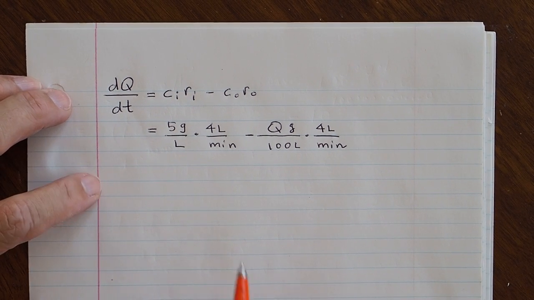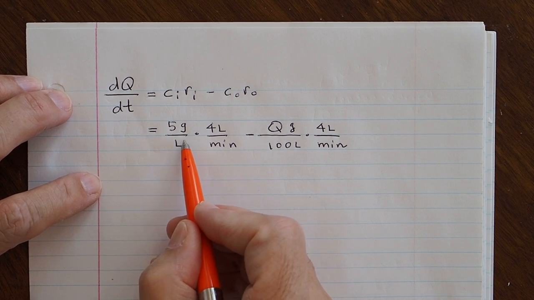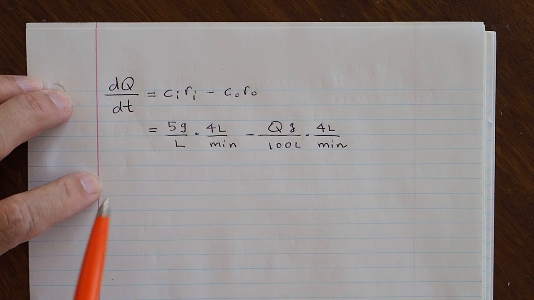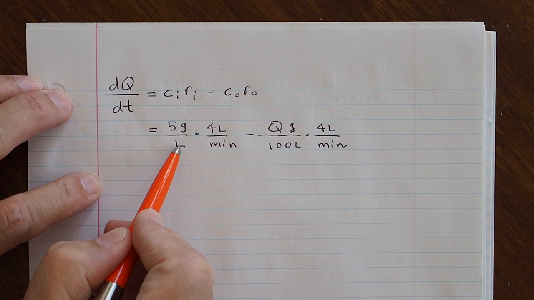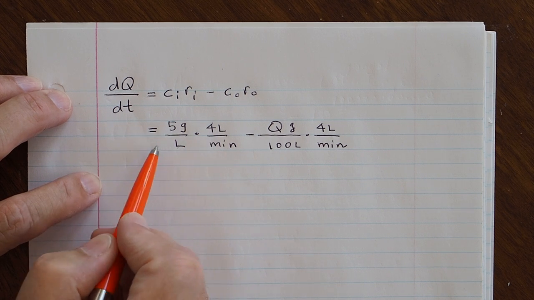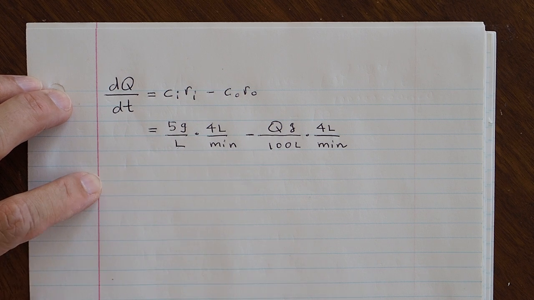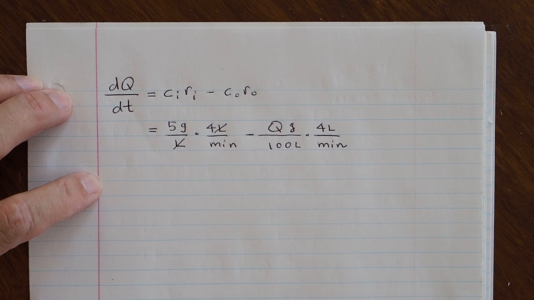Okay, now the reason we have the units in this line is you're going to see that they're helpful. They cancel out. Because if you have 5 grams of pollution in a given liter of water, but it's flowing in at 4 liters per minute, you just multiply those and you get the number of grams per minute going into the tank. In other words, the liter symbols cancel.